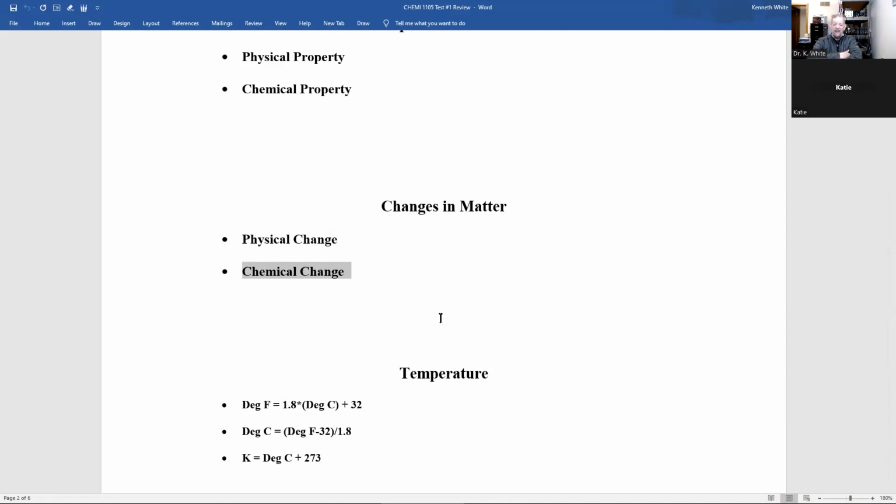Another example of a chemical change, and Dr. White loves candles, you should see my candle collection. When you burn a candle, the wax is melting. That's a physical change. But it's reacting with the heat and the oxygen in the air to burn to form a flame. And it's a chemical change.